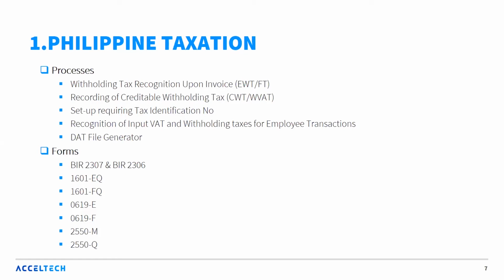And the last but definitely not the least process enhancement that we have created, this is actually the most liked functionality in the roster. It is a readily available DAT file generator for our Alphalist and VAT Relief.